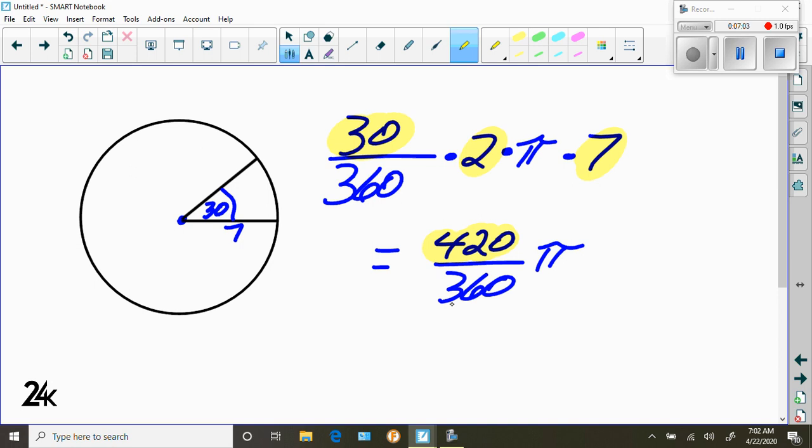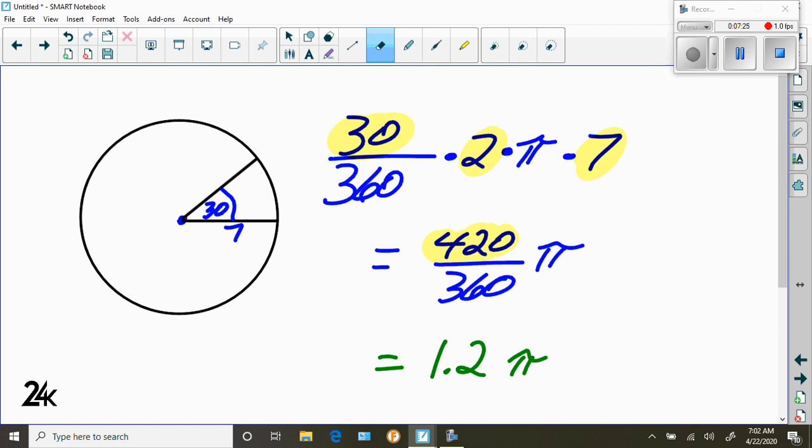Now in my handy dandy calculator, I'm going to take 420 divided by 360 and, after I round, I get 1.2 pi.